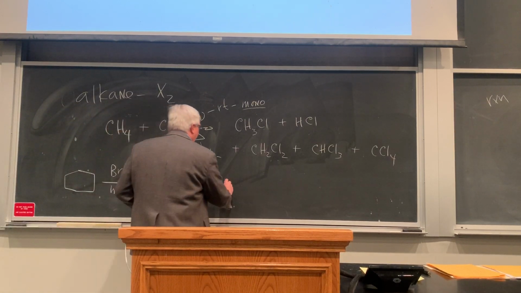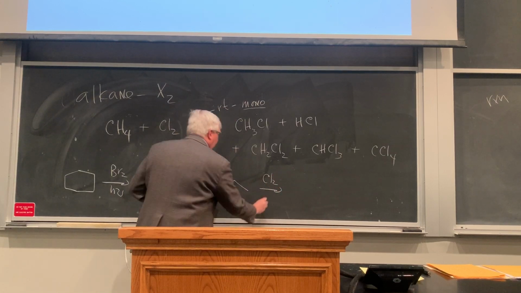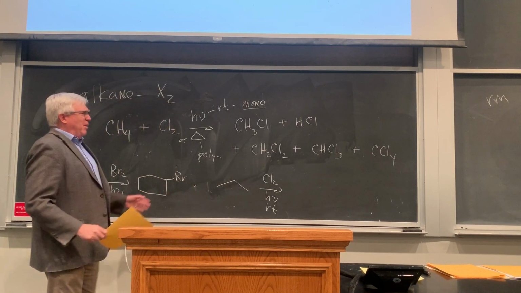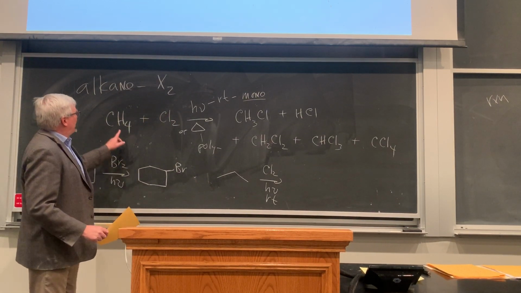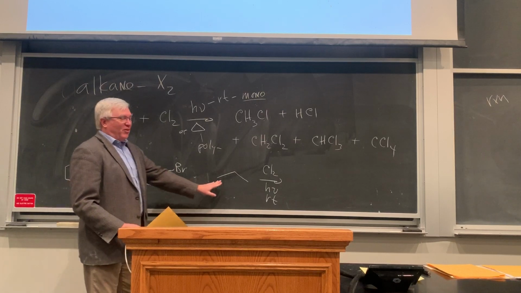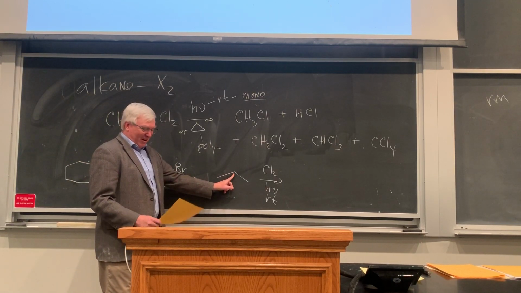Let's get a couple other reactions up here. How about chlorine, and let's say light and room temperature. So we're trying to limit ourselves to just monochlorination here. But notice, with methane and cyclohexane, all the carbon-hydrogen bonds are the same, but not so with simple old propane, right? We've got a primary position and a secondary position.